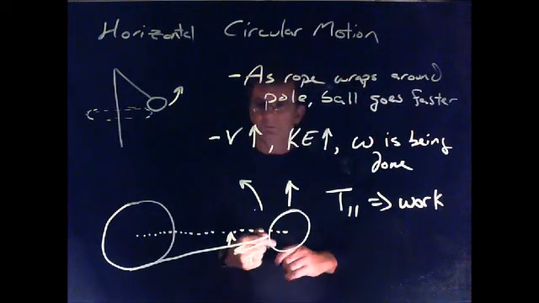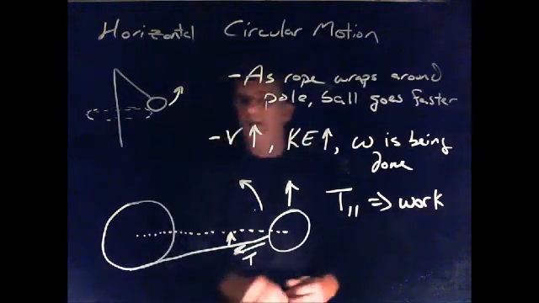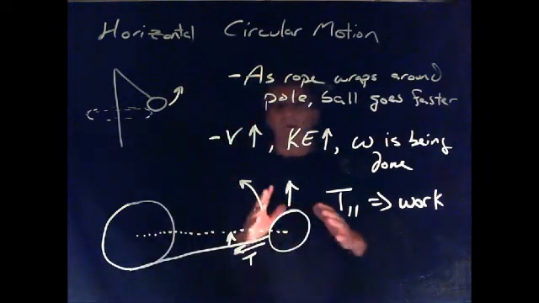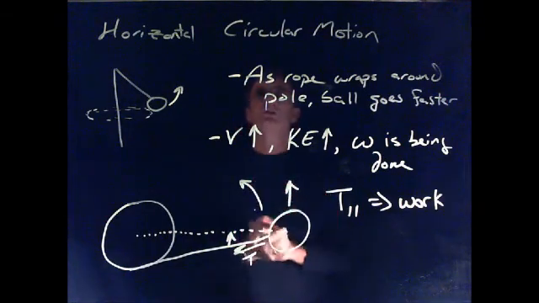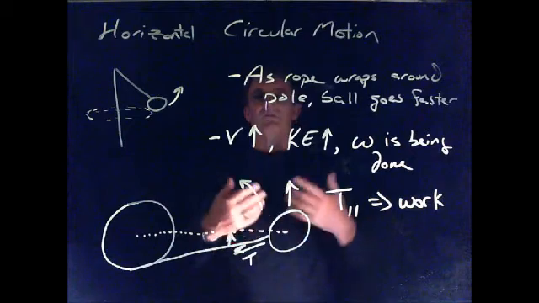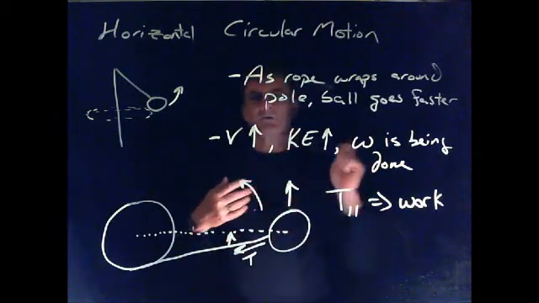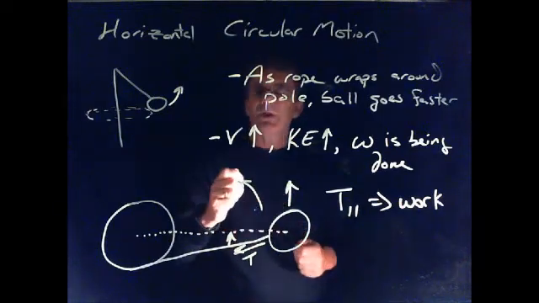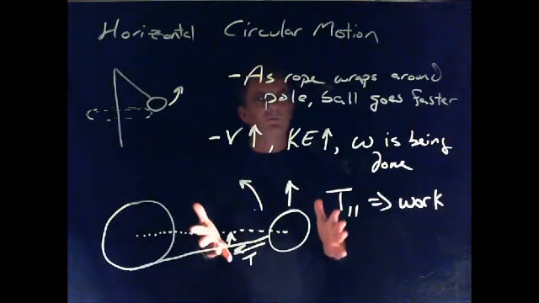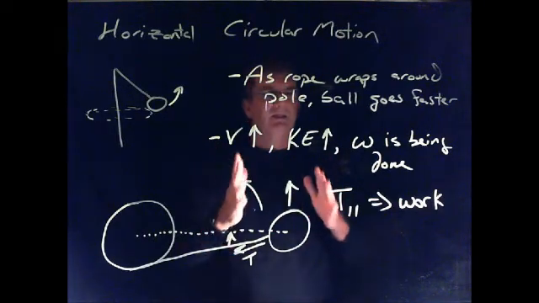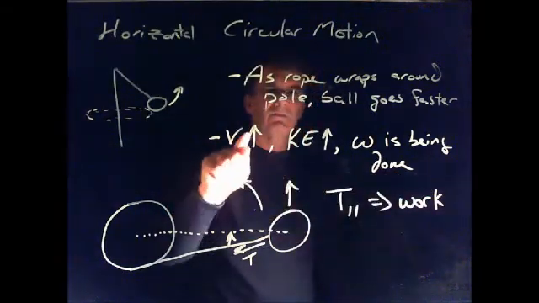This is a little bit of an interesting scenario that sometimes crops up, and it's a good question to ask to get the thinking juices going. Show them the example. Spin something around, let it speed up while you're not doing any additional work, and see if they can, first off, make this connection.